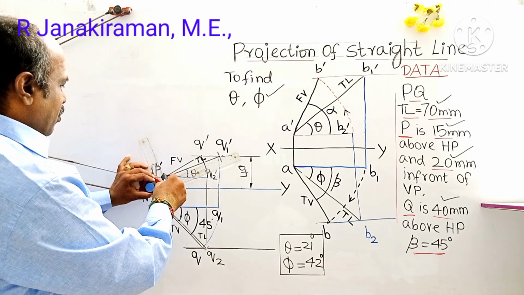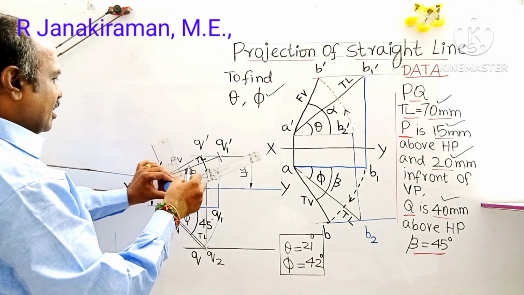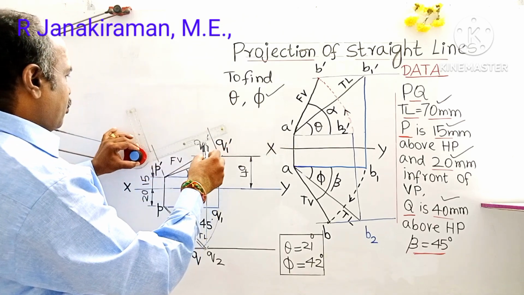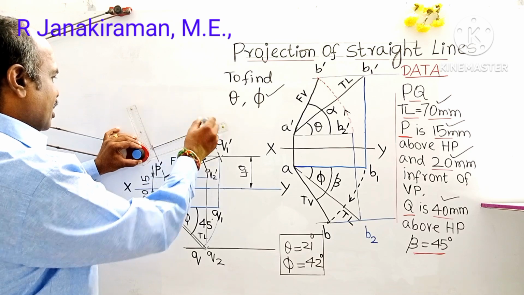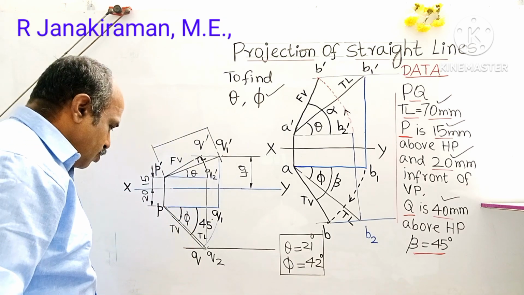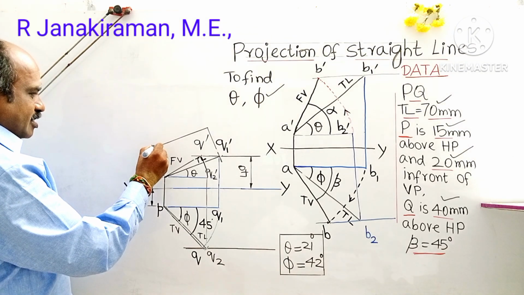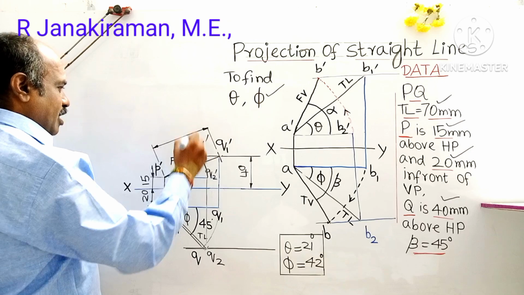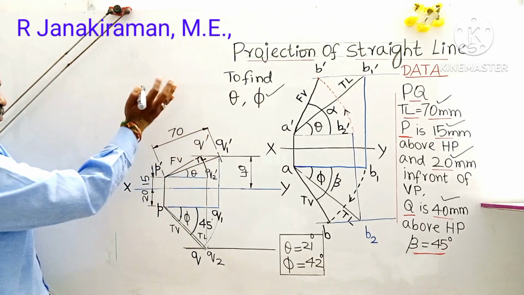Draw an extension line from point P dash, and another extension line from Q1 dash. Then draw a dimension line parallel to P dash Q1 dash. Put two narrow arrowheads, shade the arrowheads, and write the true length given as 70 mm. That is the TL distance. 70 shall be written at the center of the line, parallel to the line.